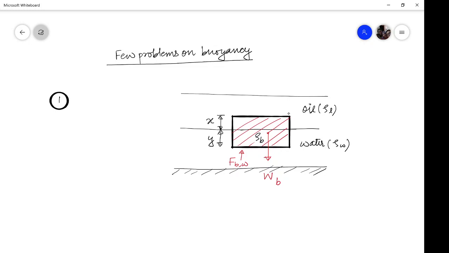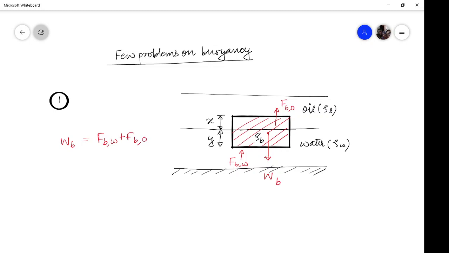At the same time, oil will also be pushing the block upward, because the block has also displaced some amount of oil, so there is a buoyancy force due to oil. If you look closely, the net vertical force is 0. So the weight of the block downwards will equal the buoyancy force of water plus the buoyancy force of oil.